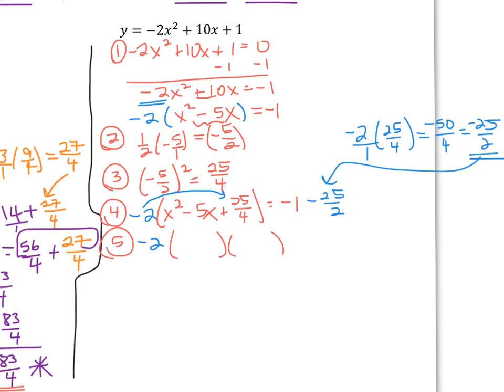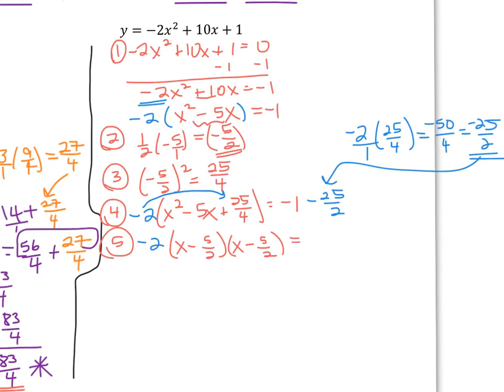The number comes from the value or the answer we got in step 2. X squared will split apart into x times x. Negative 5 halves times negative 5 halves would be positive 25 fourths. Negative 5 halves plus another negative 5 halves would simplify to negative 5 when we're done.